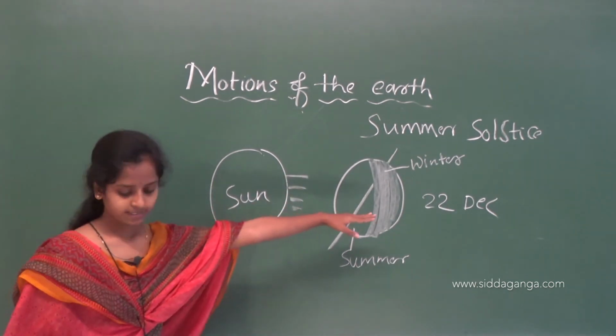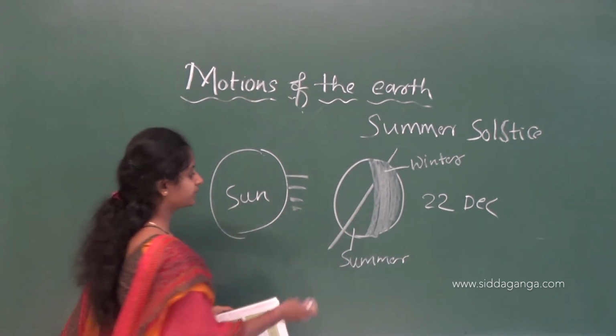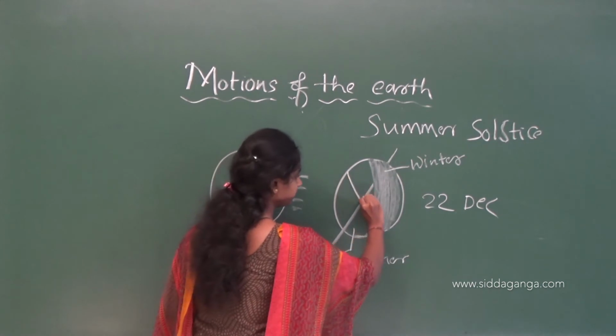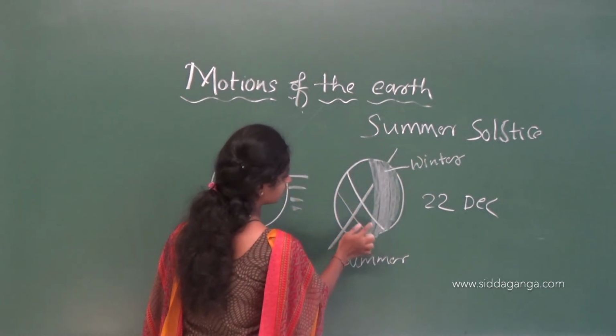On the 22nd December, the Tropic of Capricorn, this is the equator, the Tropic of Capricorn falls here.